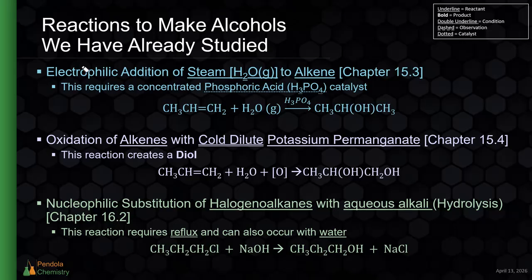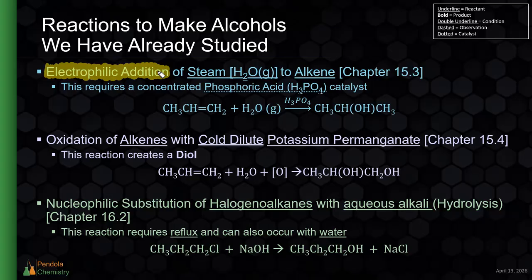We can grab alkenes and convert them to alcohols through two different reactions that we learned in chapter 15. The first is electrophilic addition. Electrophilic addition was a reaction that broke the pi bond in our alkenes and added something across the double bond.